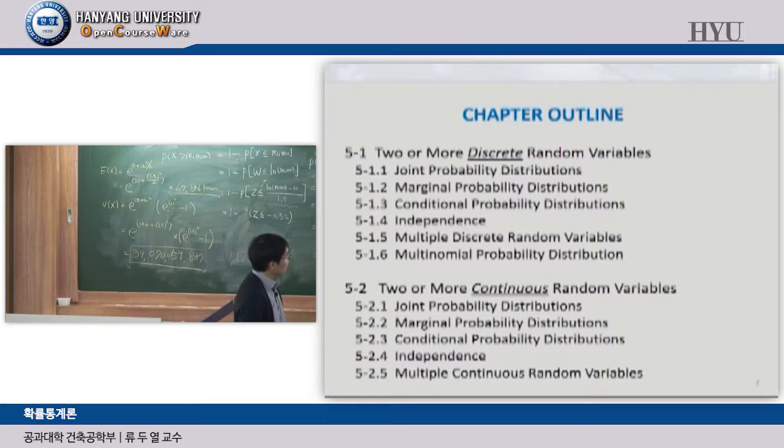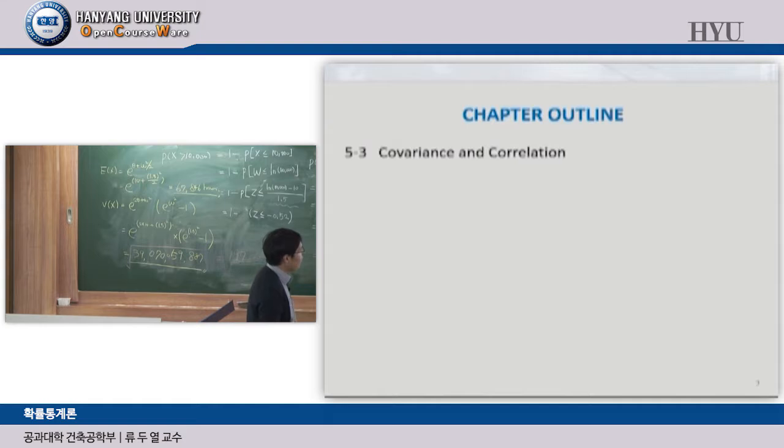After finishing chapter 5-2, we are going to learn about covariance and correlation. Covariance is 공분산 in Korean.